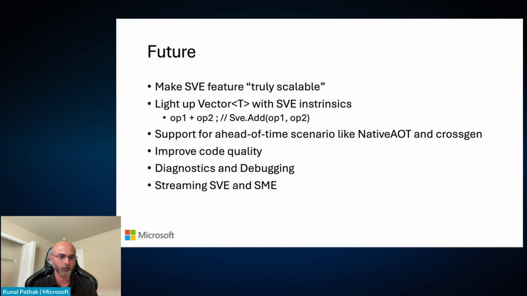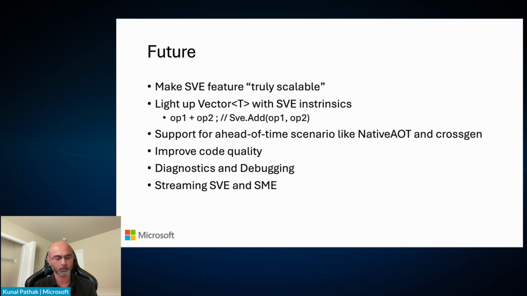I want to take a brief moment on what we are trying to do in future releases. As I said, the vector length is right now just 128 bits, and we want to make it truly scalable. So all the code that we generate should be able to figure out the vector length from the hardware, and depending on that, generate the code.